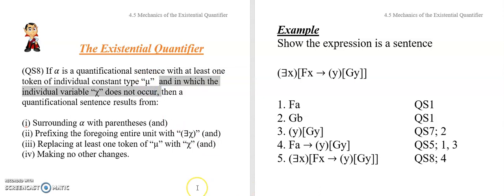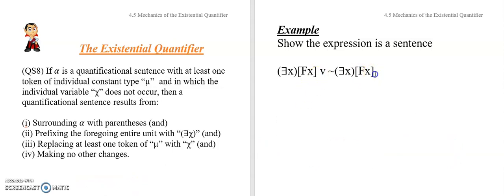So even if you're using existential and universal quantifiers, the individual variable x cannot occur in the previous line. It doesn't matter if it occurred on an existential or on a universal, and you're trying to introduce an existential or a universal, it cannot occur in the previous line, and it doesn't matter which quantifier it appeared on. So I wanted to make that point for you.